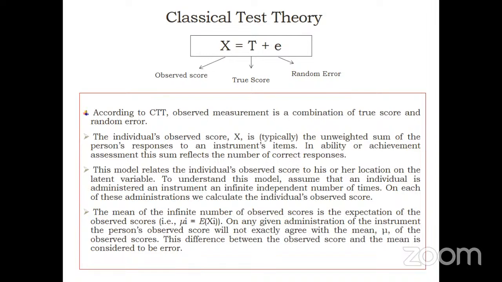It is basically a combination of the true score and the random error. You will see that there is always a difference between the observed score and the mean score. Mean score means the average of all the individuals' observed scores taken together. So this difference is considered to be the error. That's the basis of your classical test theory approach, right?